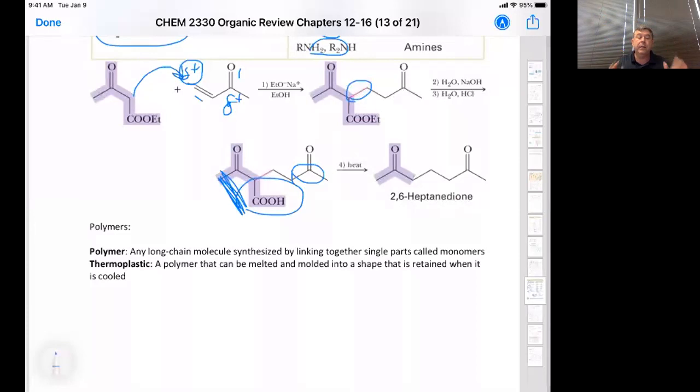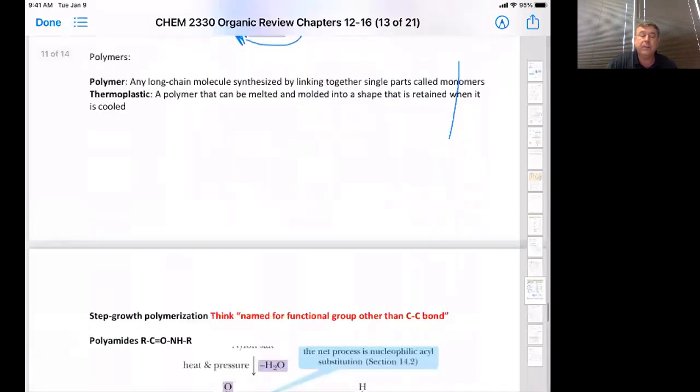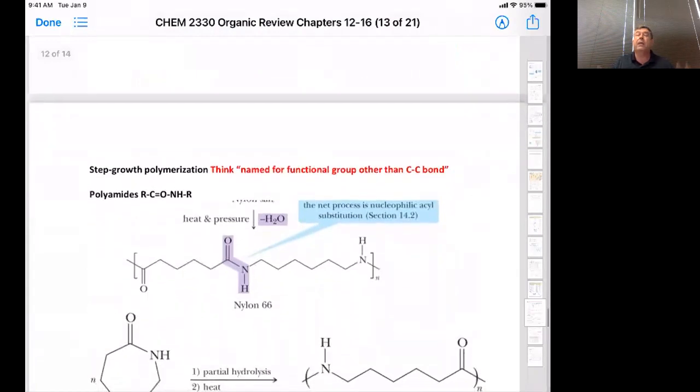Okay, so then polymers, the most important things are the idea that they're very large molecules, and we have two different types of mechanisms. We have what we call step growth mechanisms, and when you think about that, think of a functional group other than carbon-carbon somewhere in the name. An amide, an ester, a carbonate, a urethane. Those are functional groups that are not just carbon-carbon bonds.